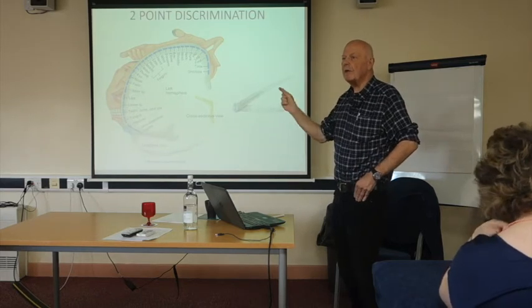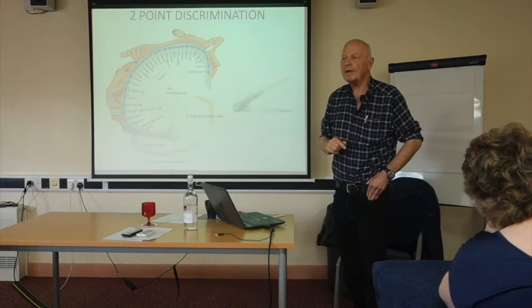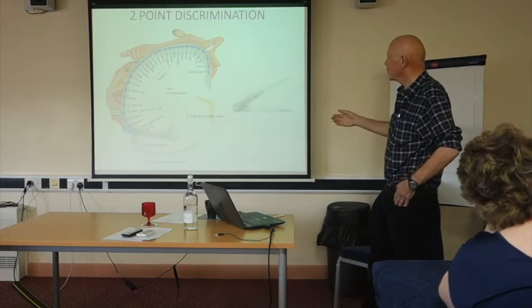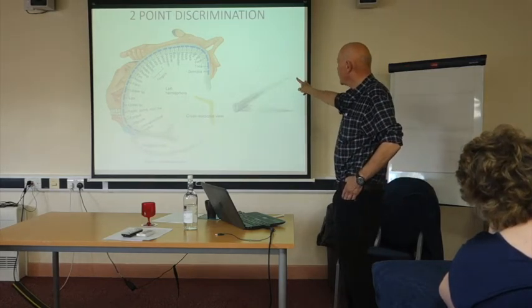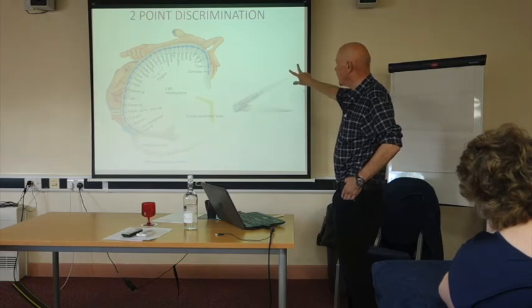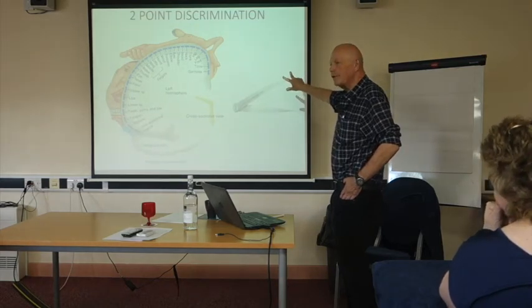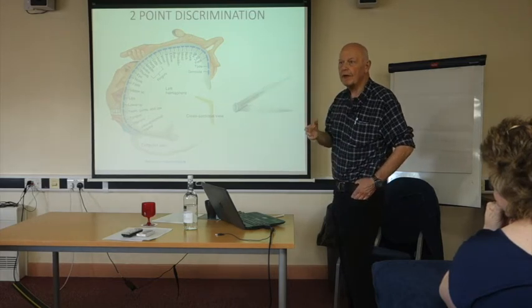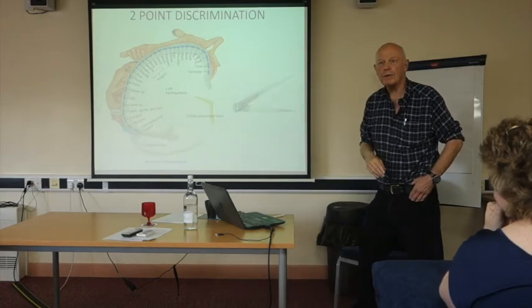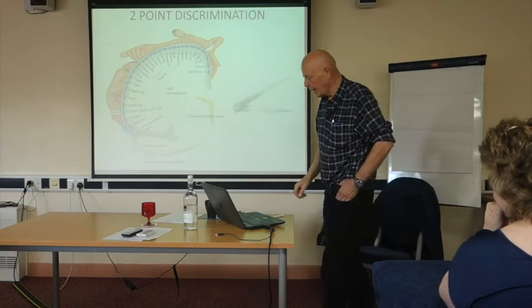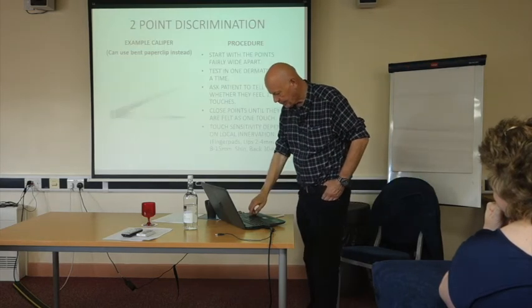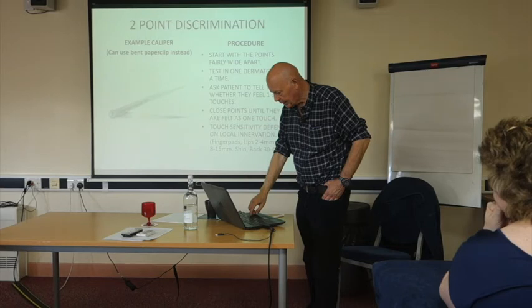Or you can compare one side to the other in the patient. But that's what you're doing, if you want to use it. You have them apart so that you definitely know there's 2 touches and then move them together until the patient can only feel one, and see whether that seems right to you or not. So we've done all that.